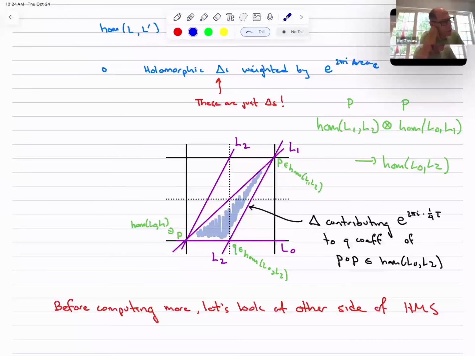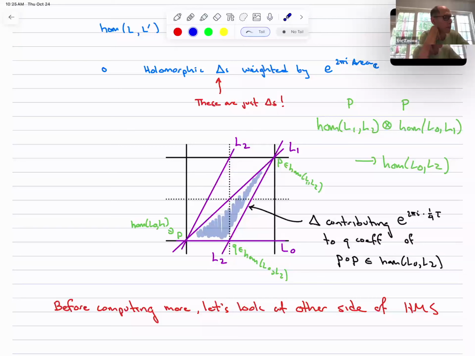I don't know much about those triangles, but I know that they have to have slope 0 here, slope 1 there, and slope 2 there, because that's the boundary condition on the triangles, that it has to lie on the brane L0, which has slope 0 for one piece of it, the brane L1, the brane L2.